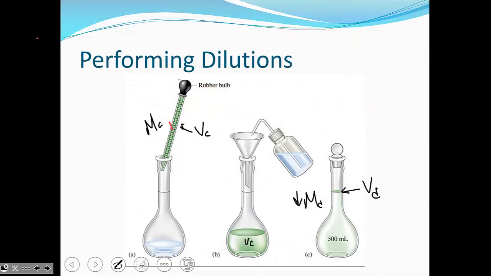So I would take 0.12 liters of the 3 molar concentrated solution, and as I add water in, this concentration's going to drop down to 1.25 molar once it reaches a final volume of 0.3 liters.